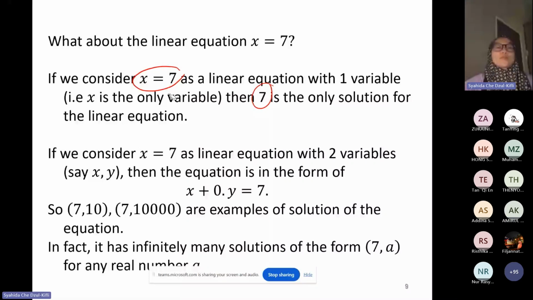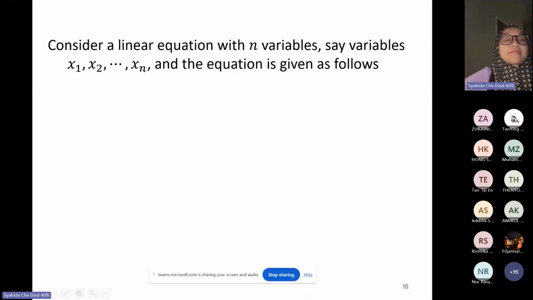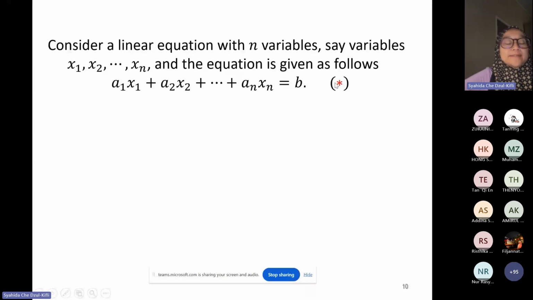Yes. Okay, so we move to the next slide. Whenever we have a linear equation with n variables, let's say x1, x2 up to xn, the equation is given as follows. Let us call this equation the star equation.